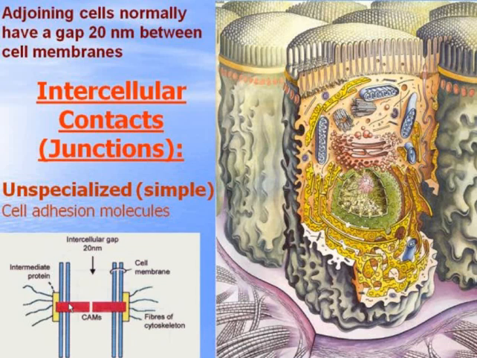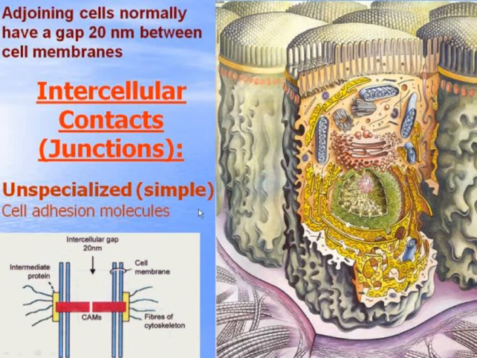Now, there are two types of intercellular junctions: unspecialized or simple, and specialized. In simple junctions, cells are closely connected by the glycocalyx molecules.